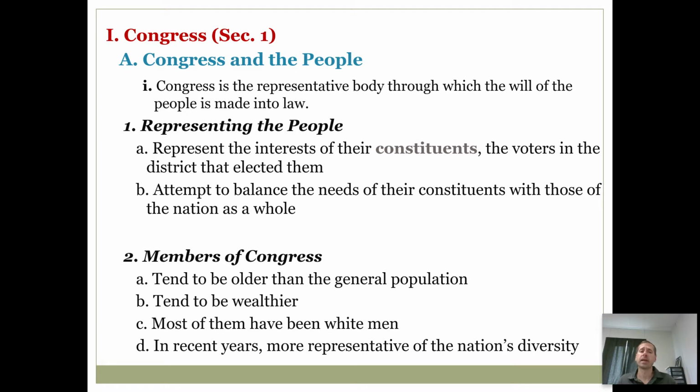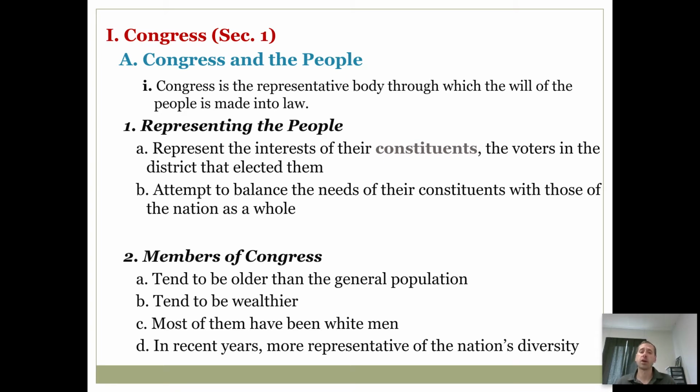Now, when you look at some characteristics of these members of Congress, we're going to look at tendencies, generalizations. They tend to be older. They tend to be wealthier. More of them have been men, and more of them have been white men.